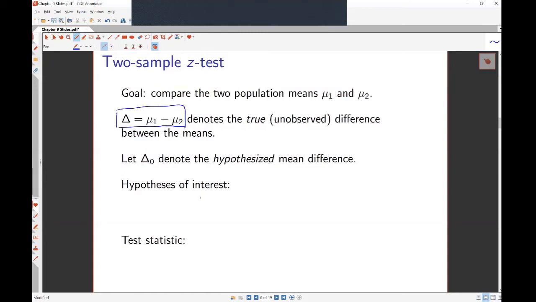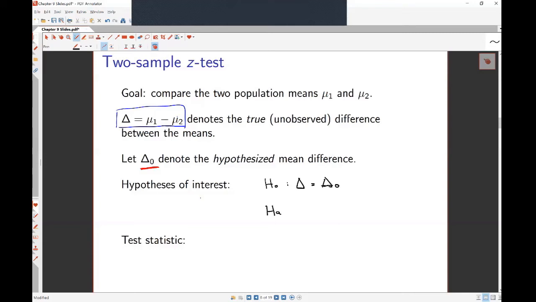If we're in a hypothesis testing situation, we're typically going to have some value delta naught, which is the hypothesized mean difference. So if we formulate a null and an alternate hypothesis here, our null hypothesis is going to be that delta is equal to delta naught.